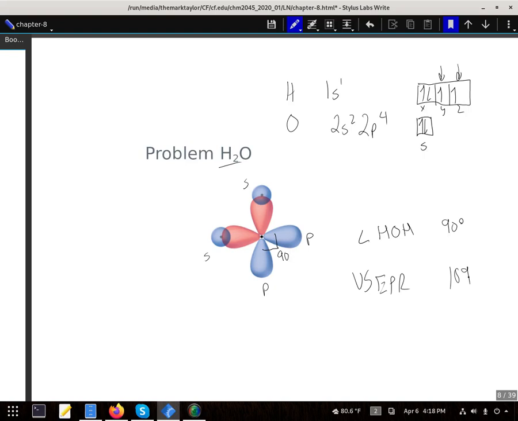The p orbitals and VSEPR theory do not necessarily line up together. So we have to actually figure out what's going on here to help merge these two. Because this whole idea here that I have on this page with just a p orbital, that's actually not what happens. There's something slightly trickier that occurs.